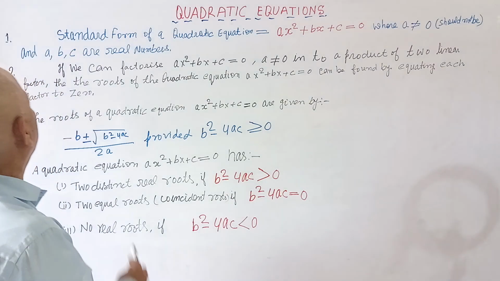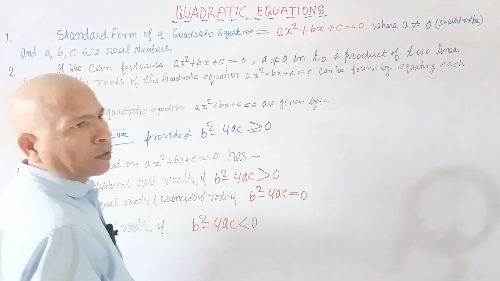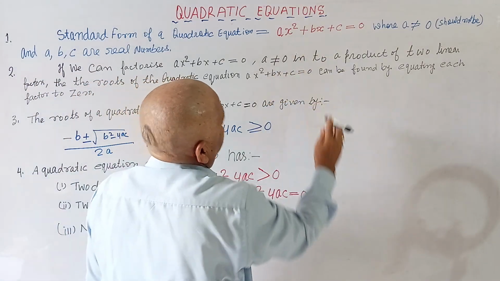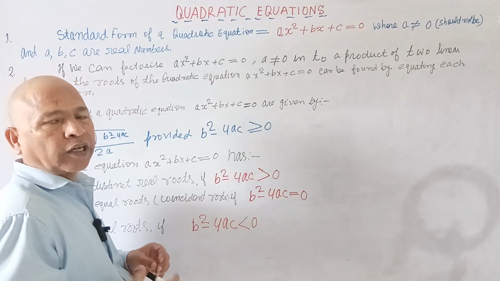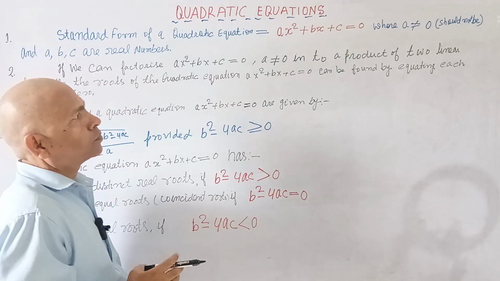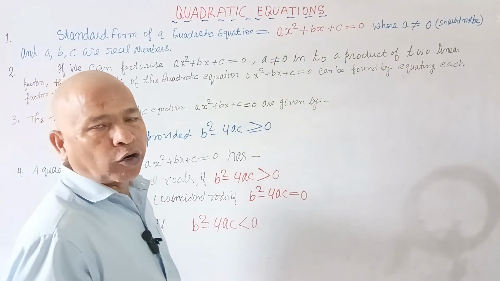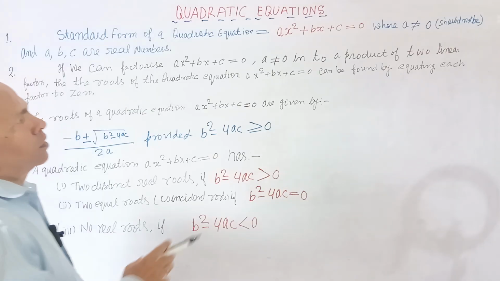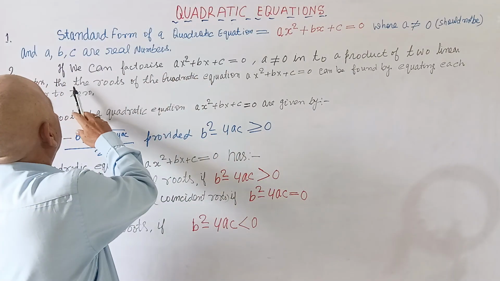Now the second point we will learn is that if we factorize ax square plus bx plus c equals to 0, means if we factorize the quadratic equation, then we will get the product of two linear factors.